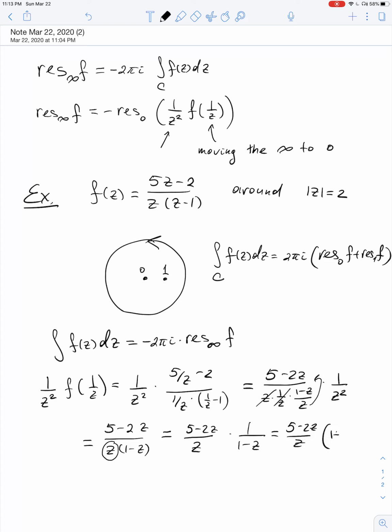We have 1 plus z plus z square plus z cube, and so on. And we can now easily see what is the residue. The residue comes from 5 over z times 1. So it will be 5 over z plus the good part.